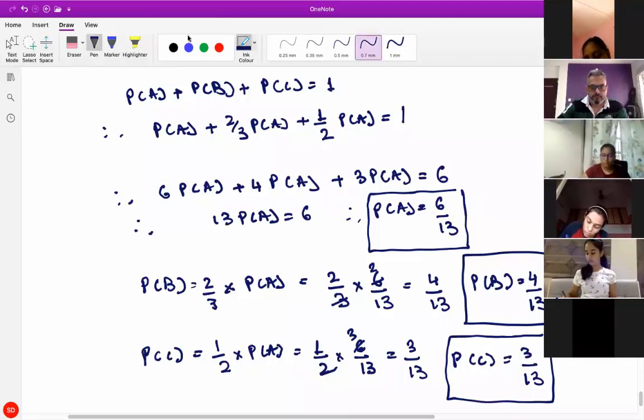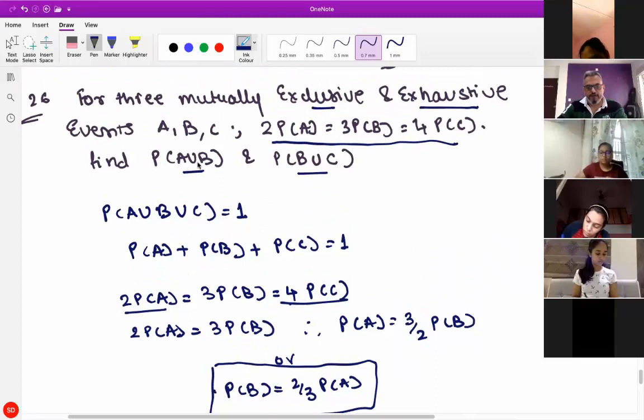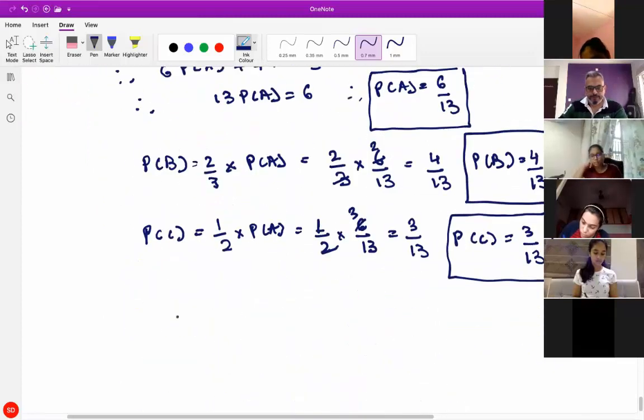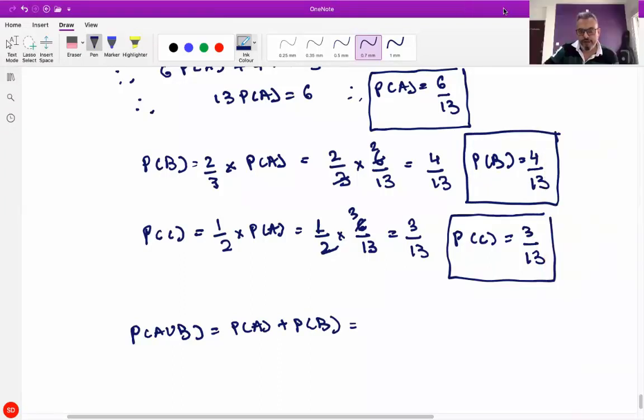Okay, now what do we have to find in this question? We have to find P of A union B. So P of A union B is equal to P of A plus P of B, which is equal to, what is P of A? P of A is 6 by 13 plus P of B is 4 by 13, which is equal to 10 by 13.